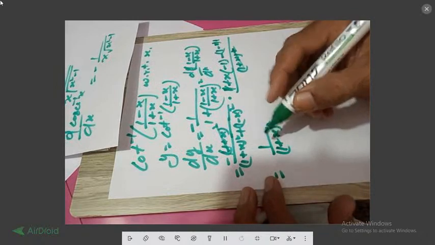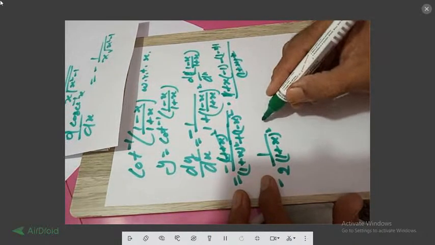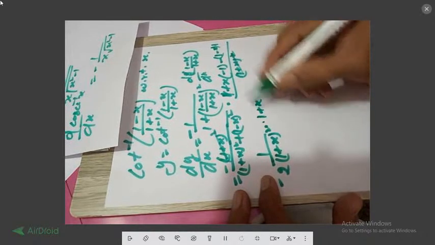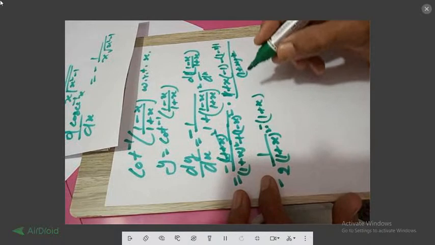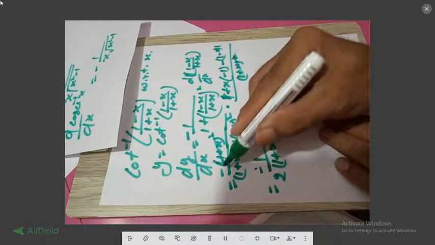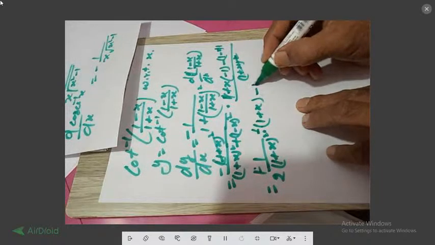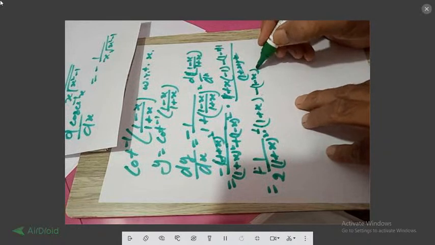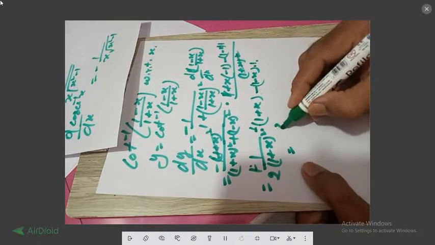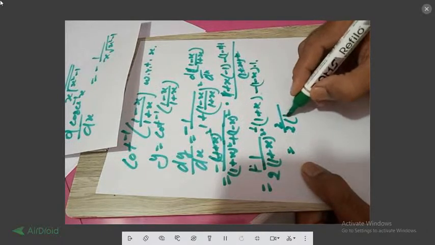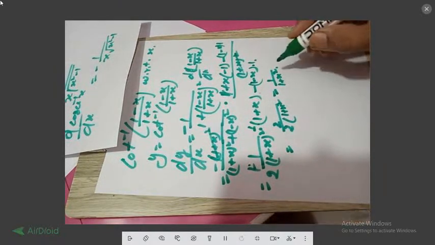When we multiply these, this becomes 1 plus x whole square plus 1 plus x into minus 1, this is minus 1, and minus minus cancel, this becomes positive, and minus 1 minus x with plus 1 plus x, and this becomes equal to 2 oblique 2 into 1 plus x square, which is equal to 1 plus x square. This is the differentiation.